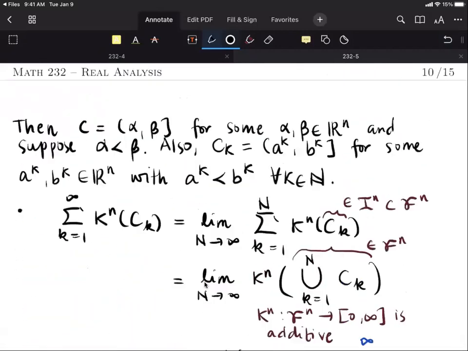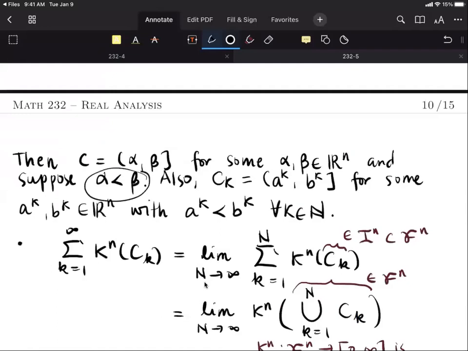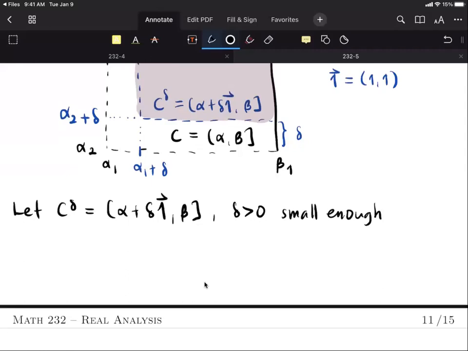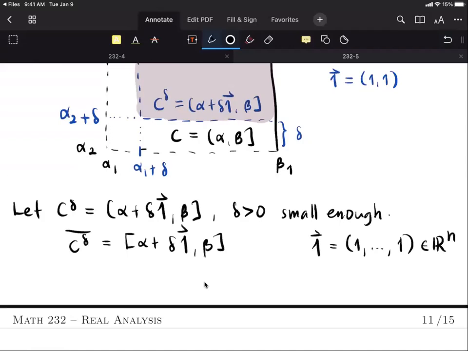And what is that assumption? This one here. So the closure would be the closed cell. And by the way, 1 here is the vector consisting of all ones in Rn.